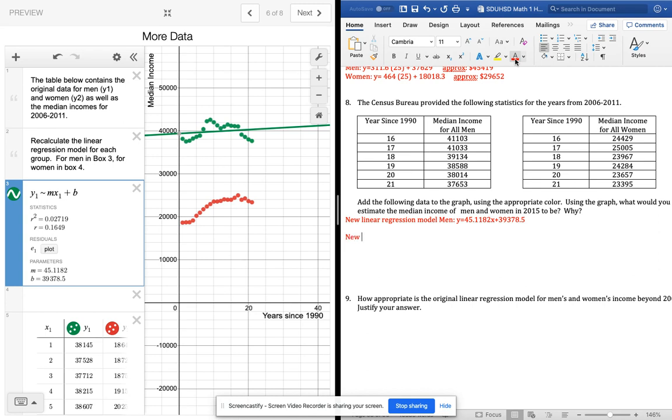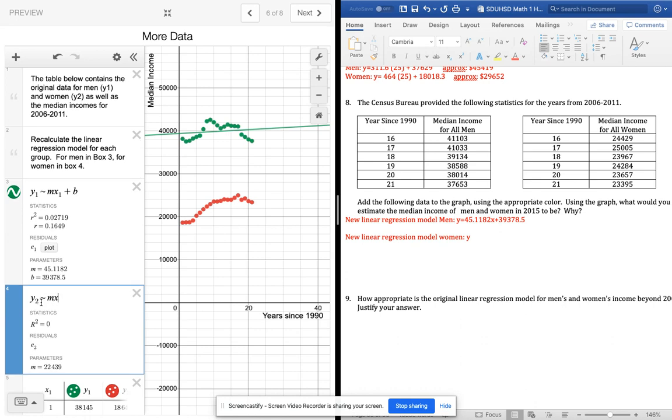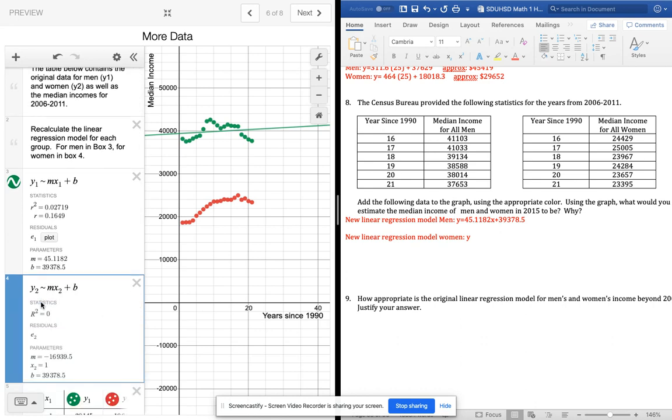And the new linear regression model, or the line of best fit, for women is y. Oh, we have to put that in. Let me use y sub 2 down here. So y sub 2 equals m x sub 2 plus b.